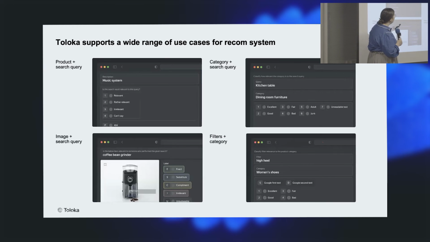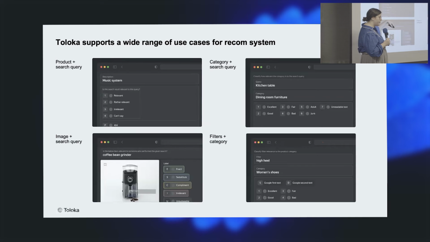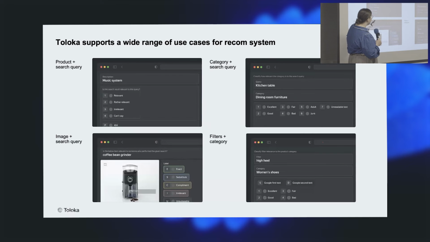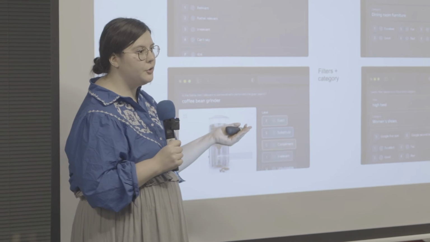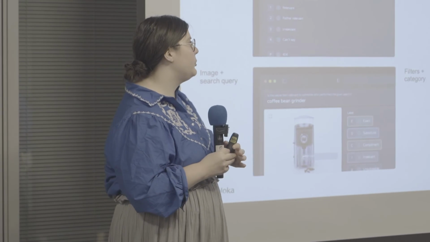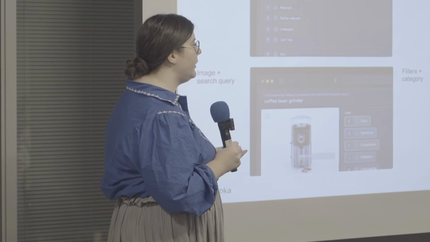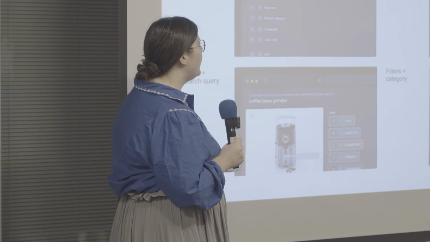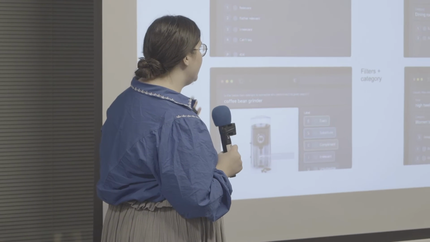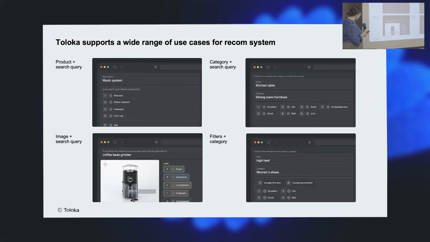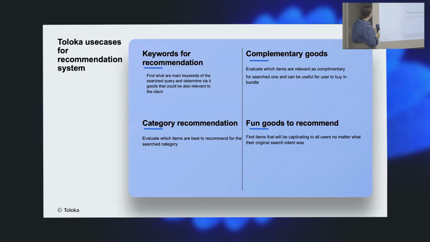Or maybe we try to define for which category some such query could belong. For example, what was the person intending to get when he was looking for some kitchen table. After this, when you train your model to extract such data, you can also build your recommendation on them.